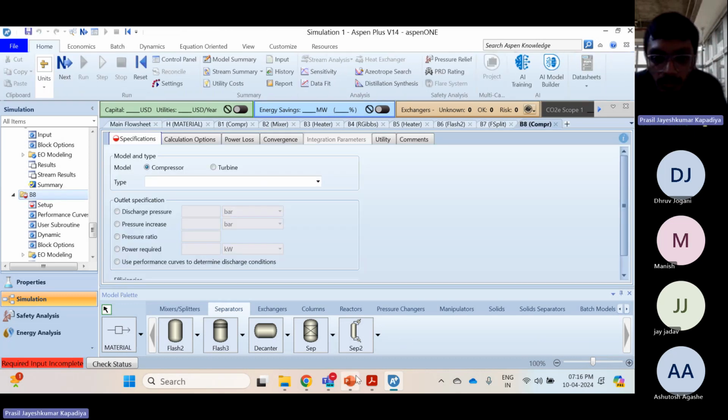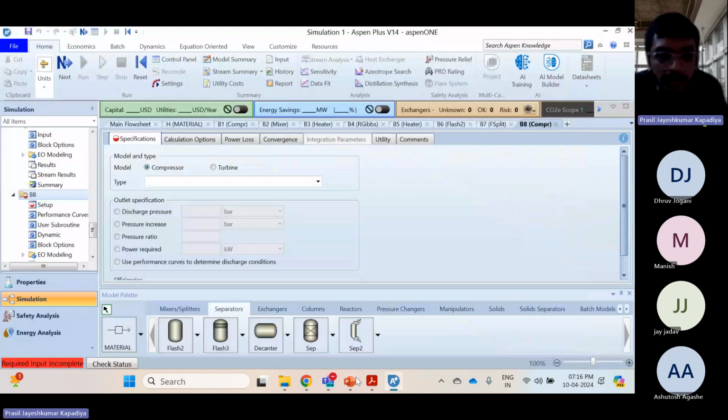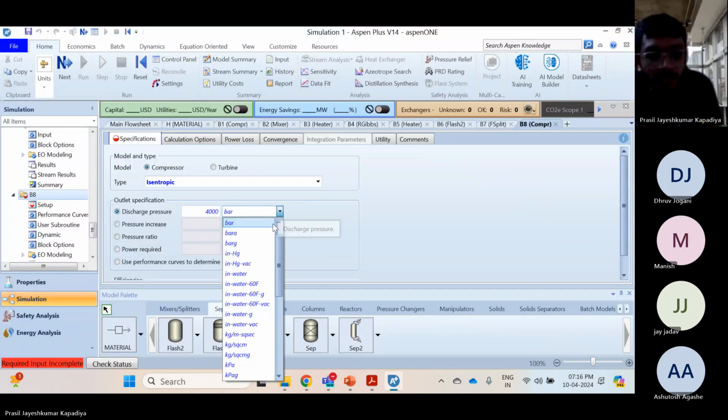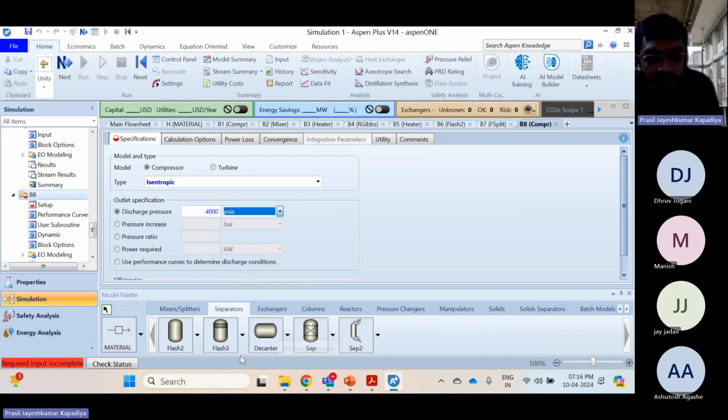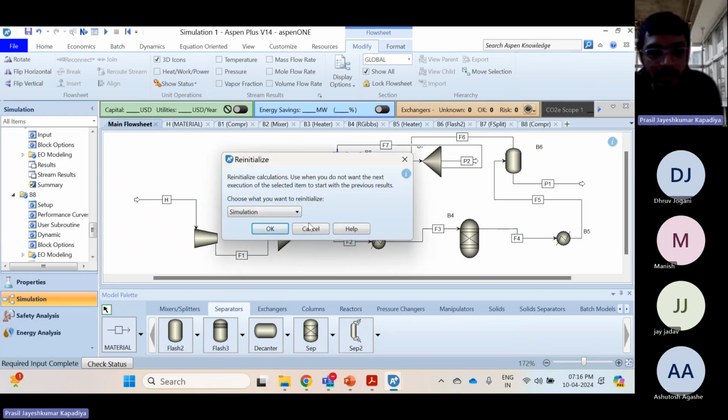Then the compressor is operated at 4000 psi. Isentropic compressor with discharge pressure of 4000 psi. Okay, so our required input is complete. I don't need to reset.